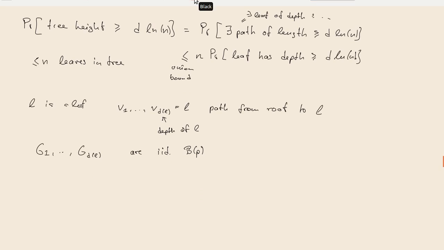Now to apply Chernoff's bound, it's a bit inconvenient that this sequence stops here at a certain point, namely this depth of the leaf, where this depth of the leaf is actually what we would like to have in the bound. So in a sense, we are looking for, so here the leaf has depth so and so, we can just write this as d of L, right?